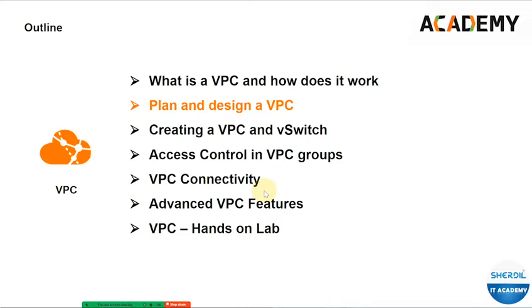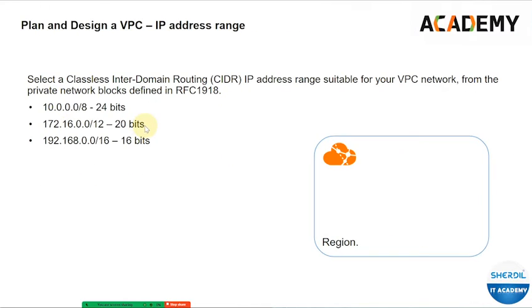Now let's plan and design a VPC. Select the CIDR, classless inter-domain routing, IP address block suitable for your VPC network from the private network blocks defined in RFC 1918.